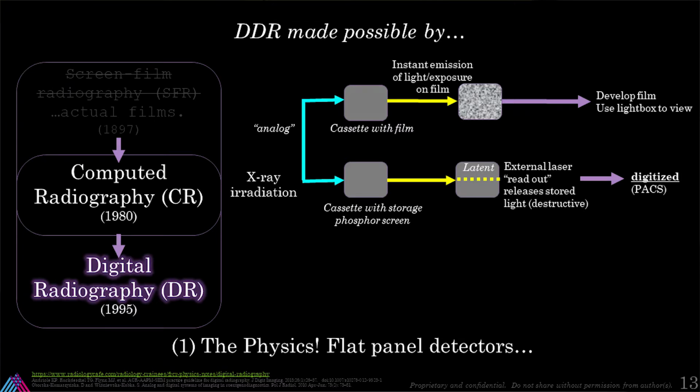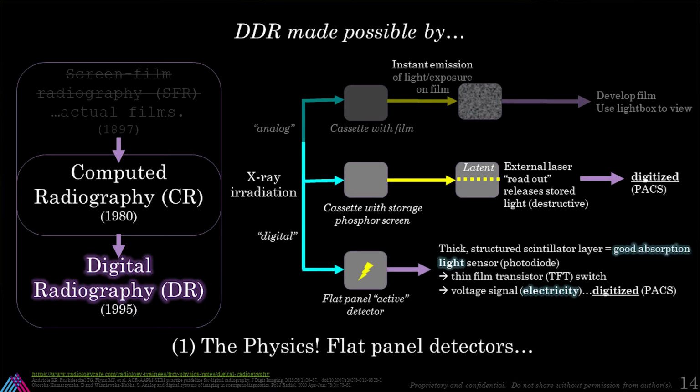That's a bridge between the analog and the fully digital, because you have that cassette, that analog aspect, where you need to take it somewhere else and then digitize it. There are fully digital systems now with flat panel active detectors. That means you have a thick structured scintillator layer, which has good absorption for the X-ray radiation.